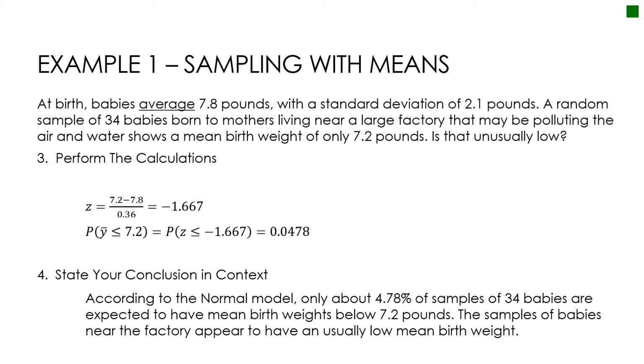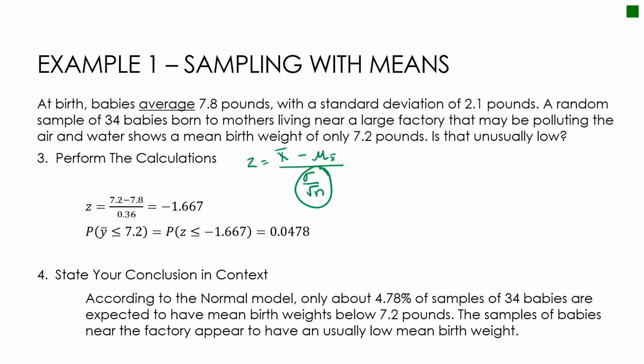So now that I have my normal model that I'm using, I'm going to perform the calculations to find a z-score. And so remember, my z-score is the observed y-bar or x-bar, whichever way you do it, minus my expected. And my expected, remember, was the mean, and the standard deviation was the standard deviation divided by radical n.